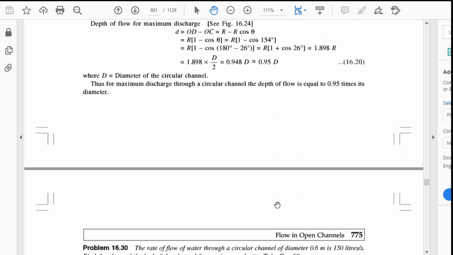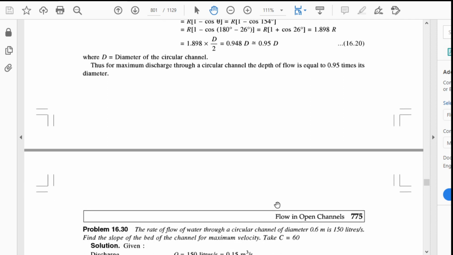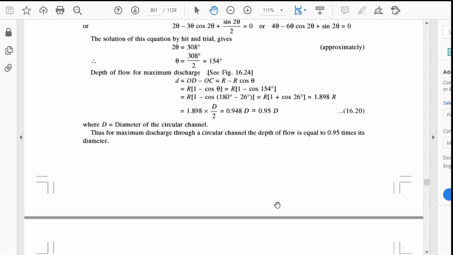Okay, now we'll move further to the calculation of hydraulic mean depth. Here they have not given the hydraulic mean depth calculation, but you can find the hydraulic mean depth by using m equals A by P. For that you have to remember that whenever theta is not with a trigonometric function, you have to take the value in radians, and whenever it is with trigonometric functions, you have to take that value in degrees.